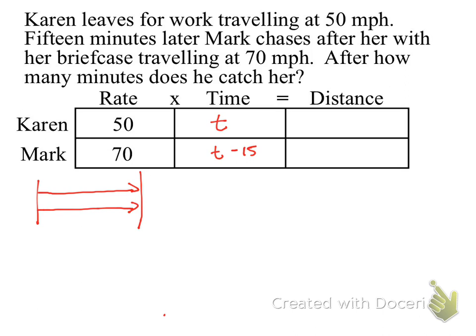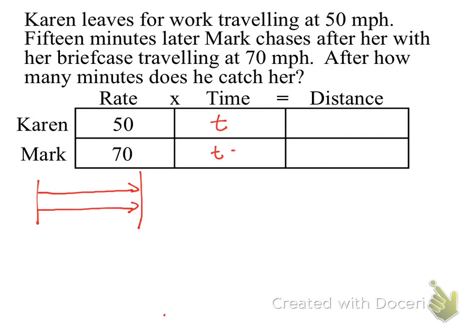For Karen, could you also do T plus 15? We could have done T plus 15 in comparison to T, or you could do it either way. You could name Karen T plus 15 minutes, but wait a second. We're in hours. So we've got to do some conversions here. So it would be T minus 1/4.